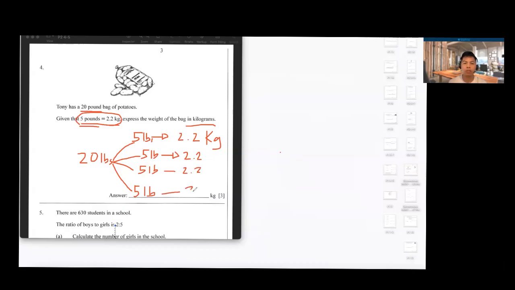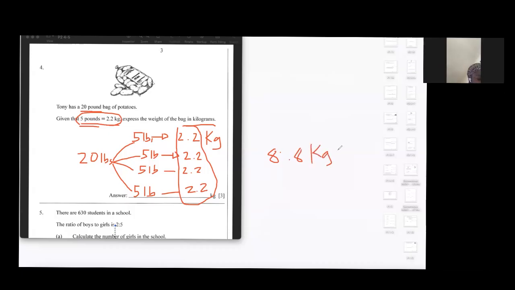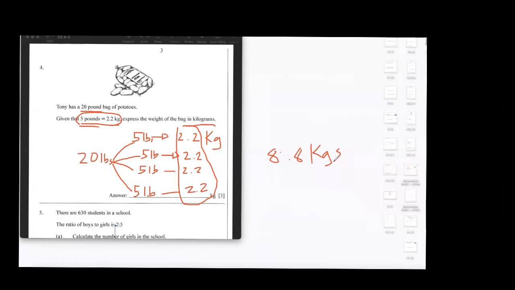This is also 2.2. So you see how many 2.2 kilograms do we have? We have 4. So that would be 8.8, right? So that's the answer. Does that make sense, Malia? Yes. Okay.